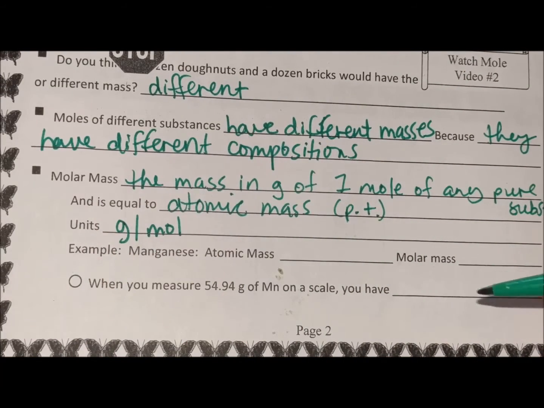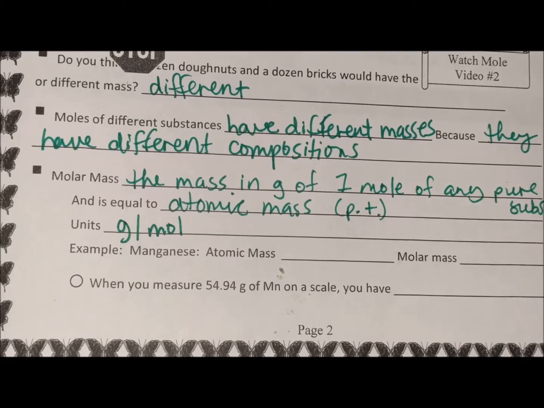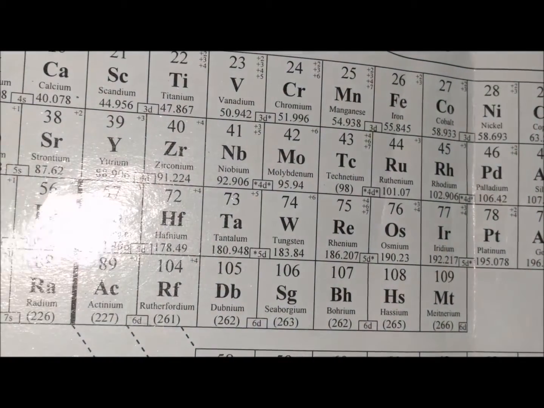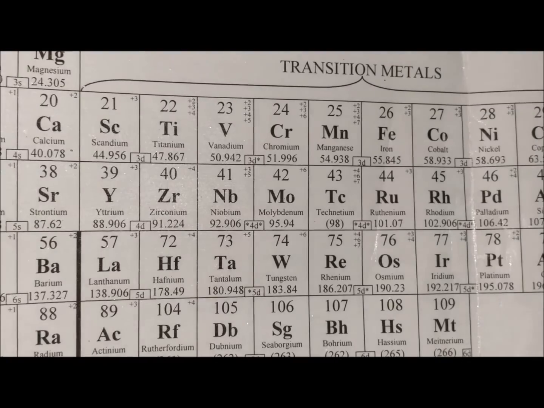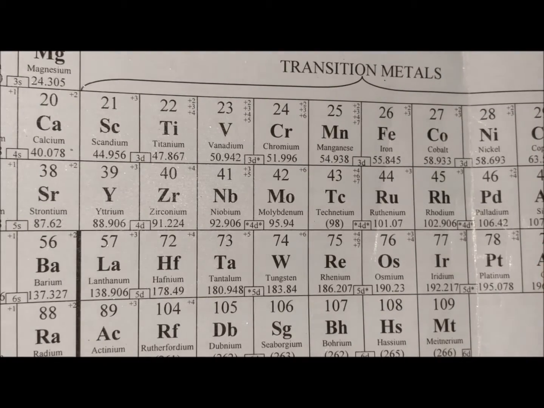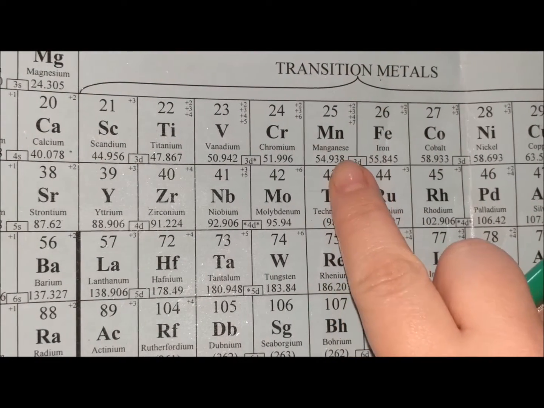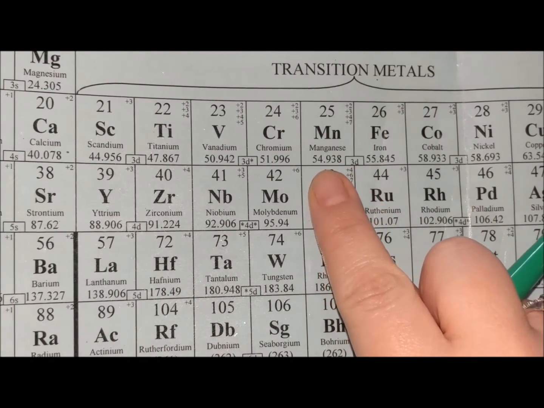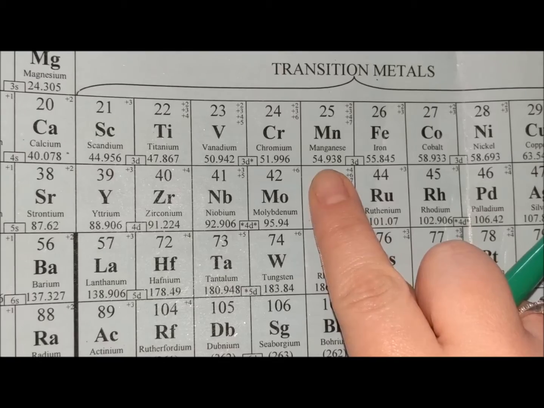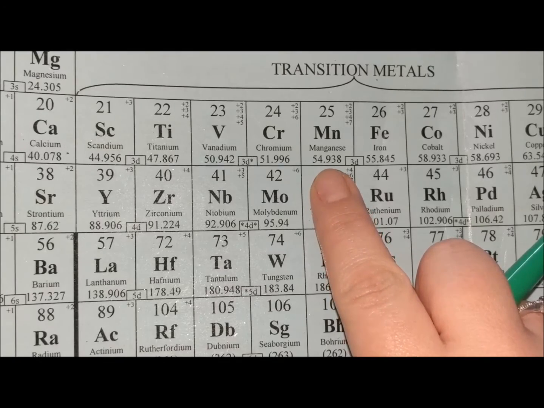So an example, if we look at our periodic table and we find manganese, and the reason why I've asked you to memorize some of the element symbols is because it'll be easier to find this stuff on here. So manganese is right here, and you can see the average atomic mass, or the molar mass, is 54.938.